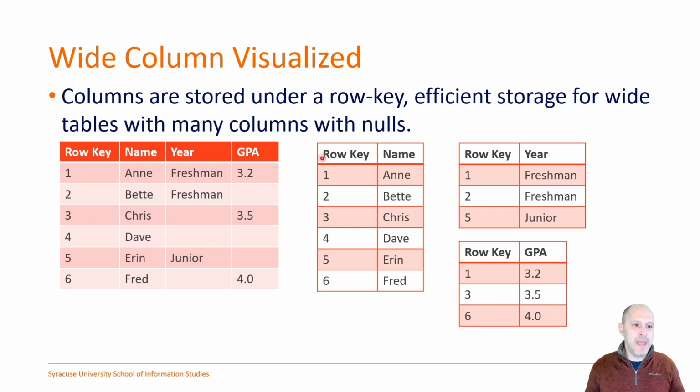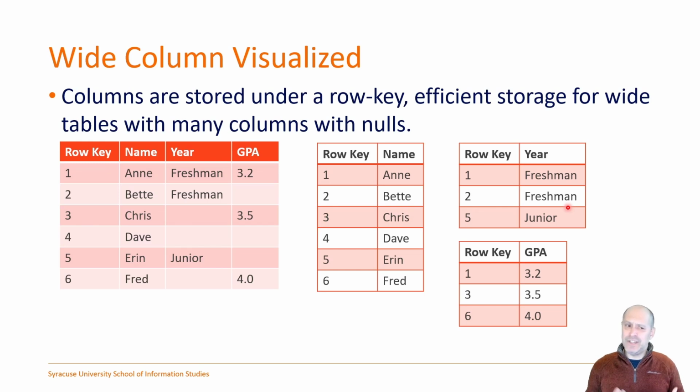And each column has what's called a row key. And then within that row key, you have the attributes in this column. And then this row key in this table has only the attributes for this column.